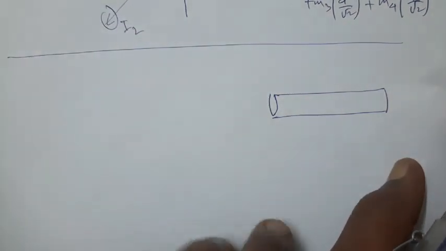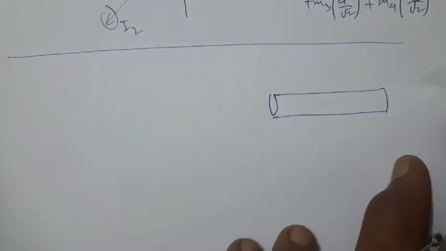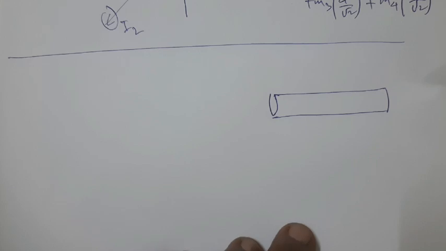And for that, I will have to divide this system into a number of small elements, which can be treated as a small particle. For example, when we are considering the rotation of earth about the sun, we treat the earth as a single particle because the radius of revolution is so large compared to the size of earth that it can be treated as a point, and we can say that it revolves around the sun like a particle.